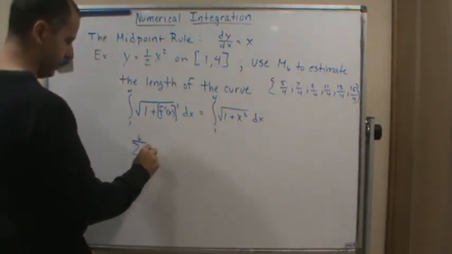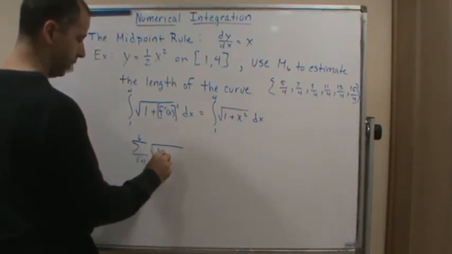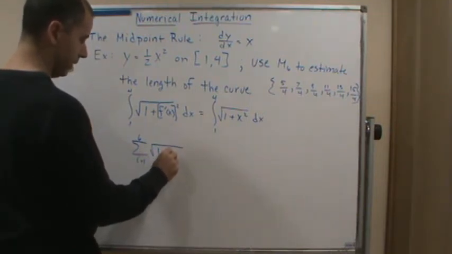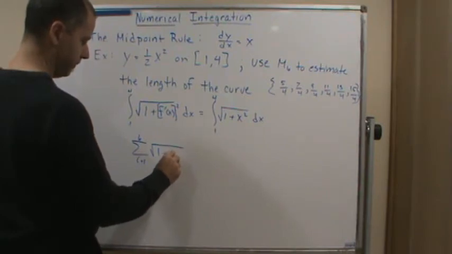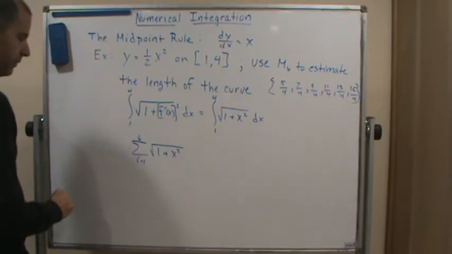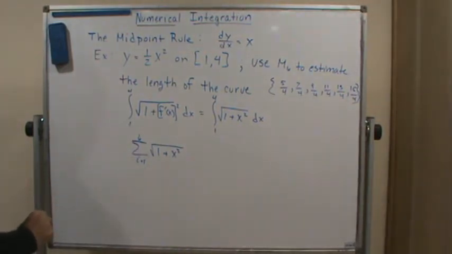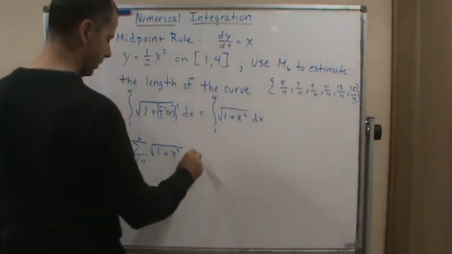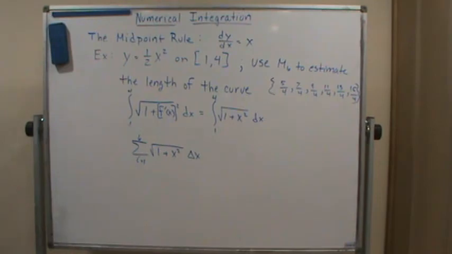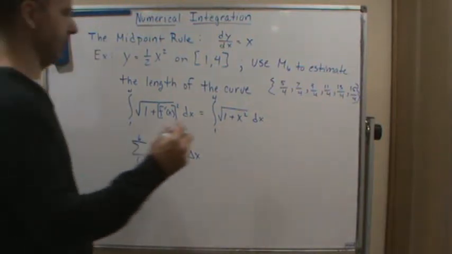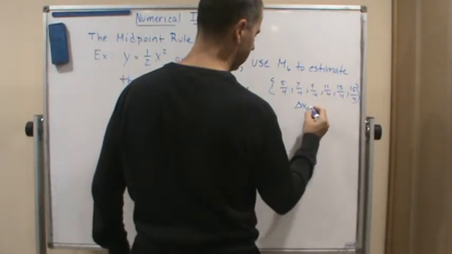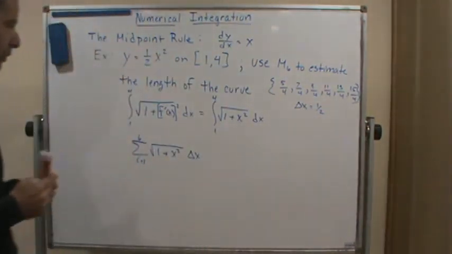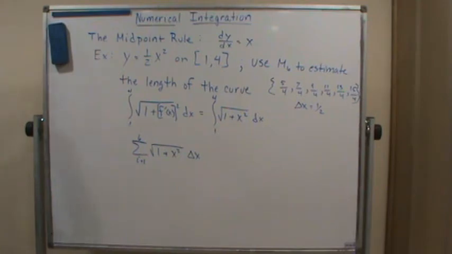So we're going to use this to estimate the square root of 1 plus x squared, right? Times delta x. Which again, remember delta x in this case is 1/2. Okay, so we're just using the information that we found before in the last problem.